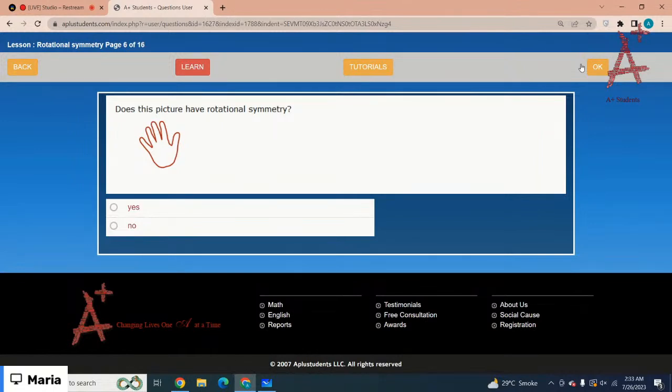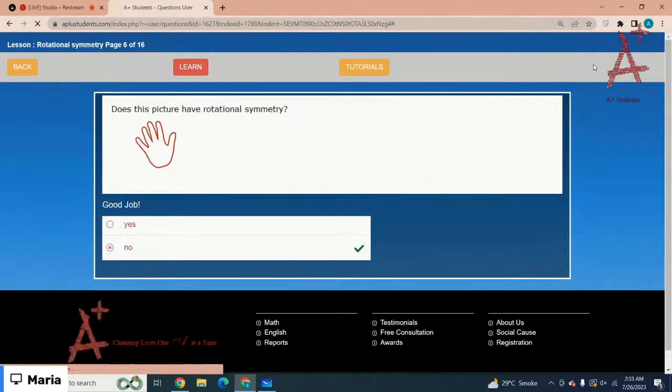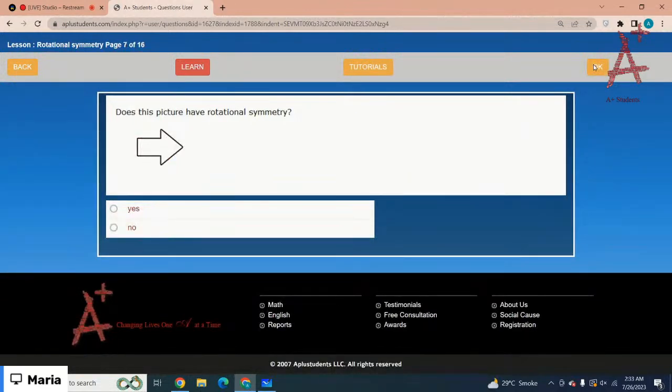The correct option is no. Does this picture have rotational symmetry? The correct option is no.